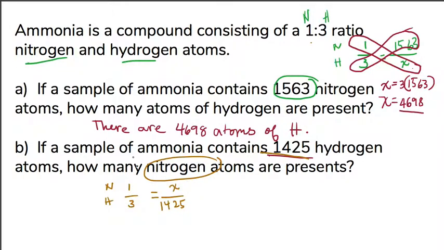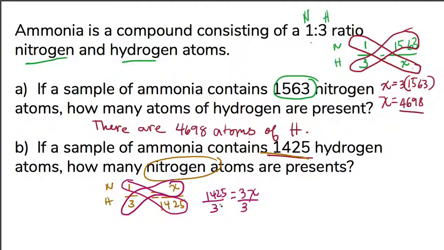So again, we do our cross multiplication. The process does not change. The numbers change, but the process doesn't change. So what do we have here? 1 times 1,425 is 1,425, and 3 times x. Isolate the variable, divide by 3 over 3.